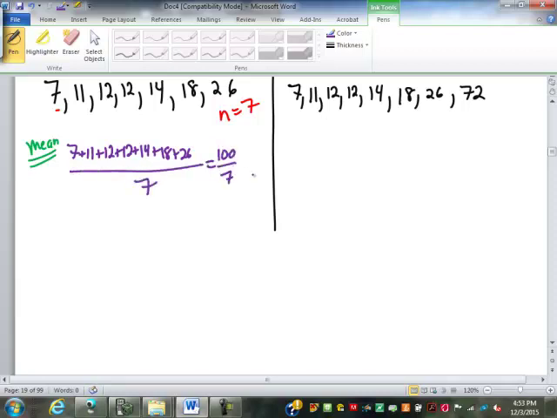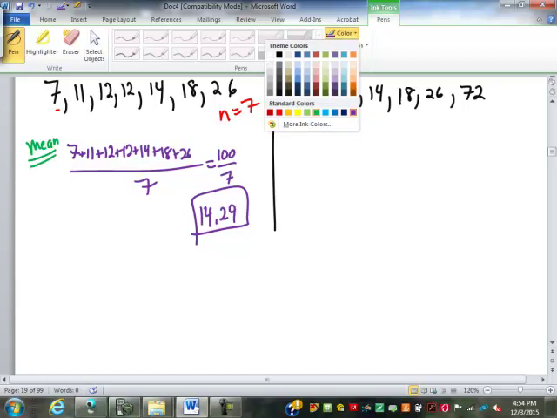So 100 divided by 7 is 14.2857143. If I'm going to round, it's 14.29. That's our mean.